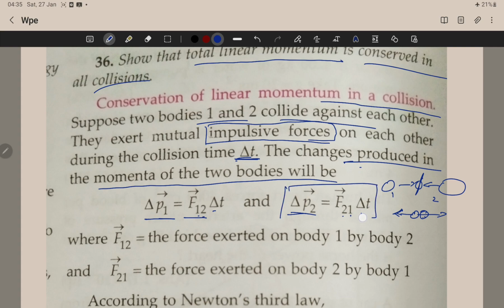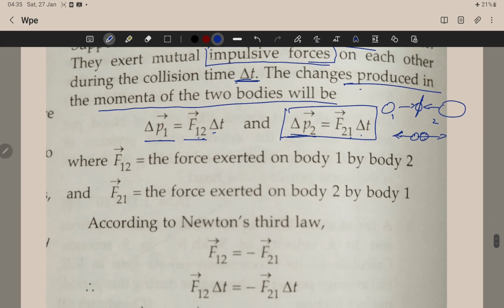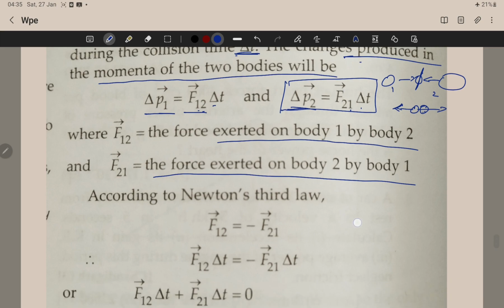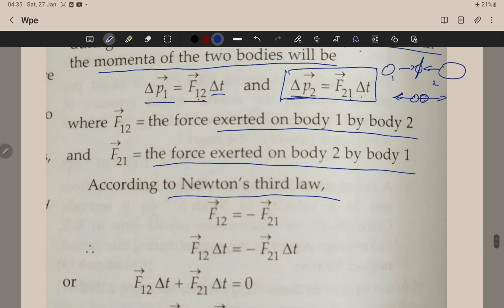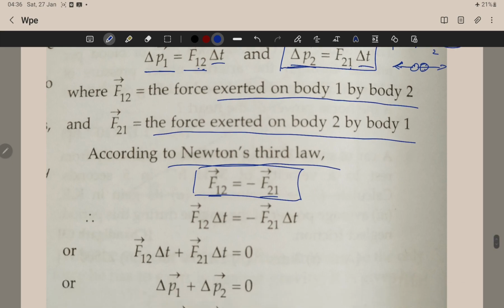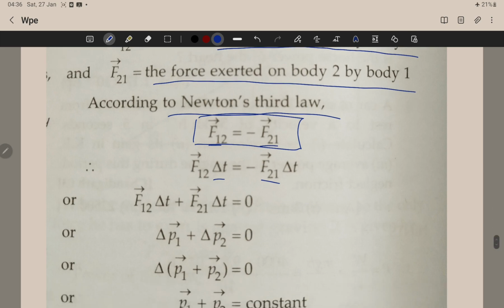The formula is force into time. Here F12 is the force exerted by body 1 on body 2, and F21 is the force exerted by body 2 on body 1. According to Newton's third law, delta t is the same and the forces are equal and opposite, so their signs are opposite. So these changes in linear momenta are equal in magnitude.